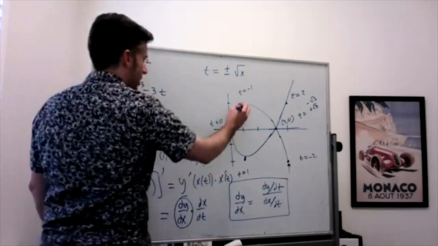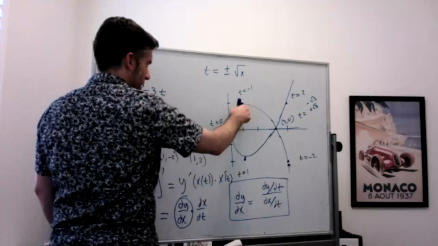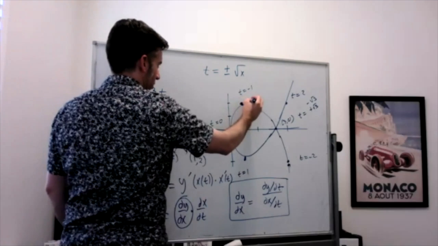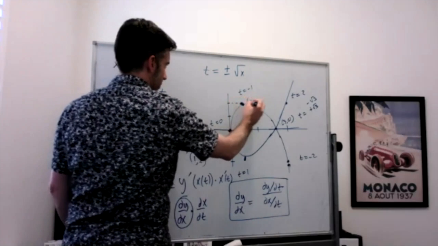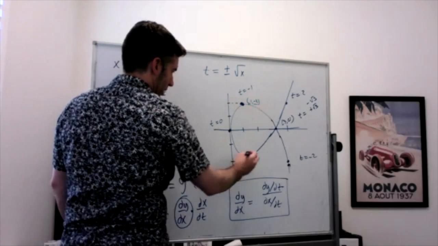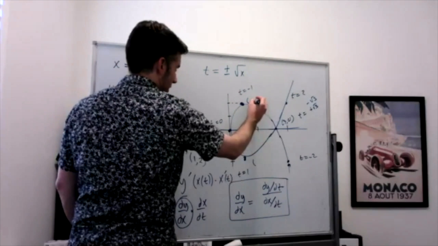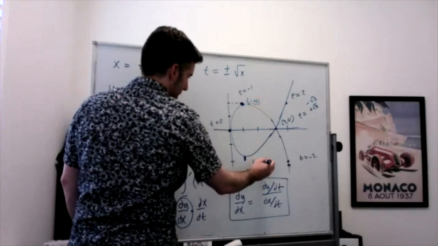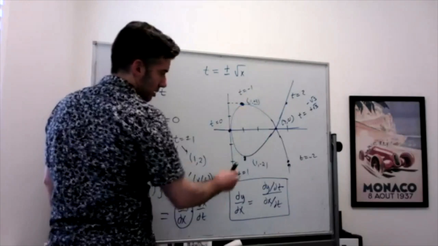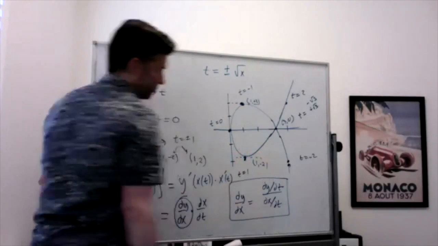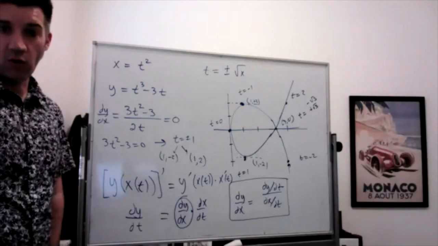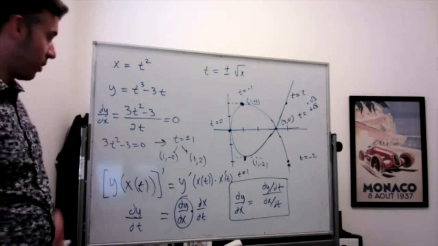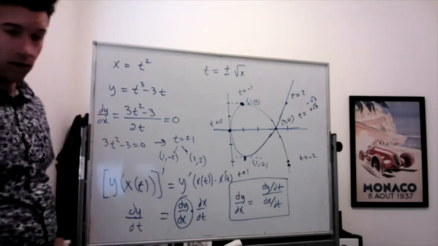So when t equals negative 1, I'm at the point (1, 2), and there's a horizontal tangent. And when t equals 1, I'm at the point (1, negative 2). Apologies, I have a horizontal tangent. So that's where my horizontal tangents are, where the derivative is equal to 0.